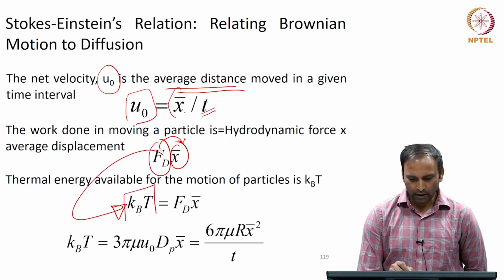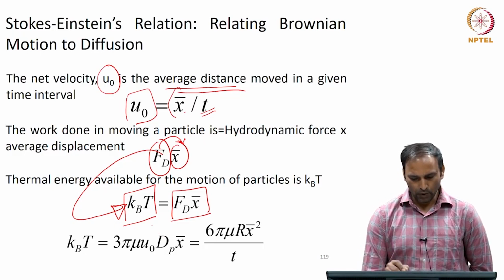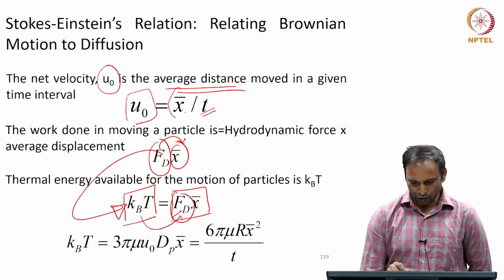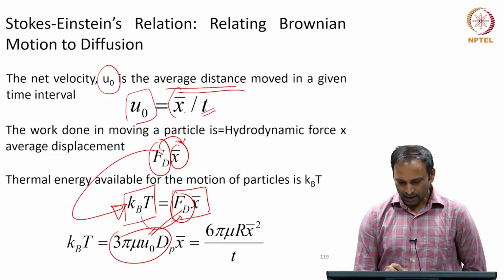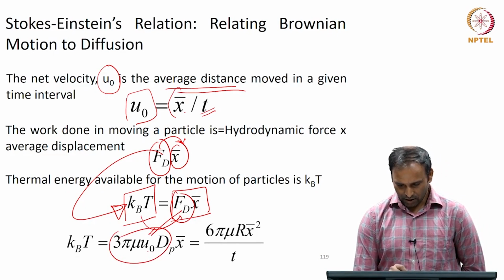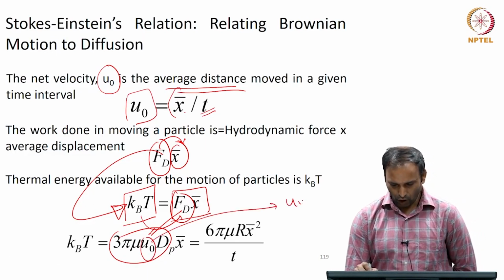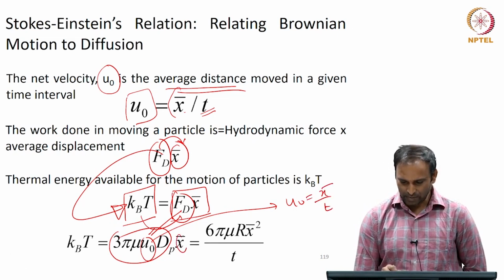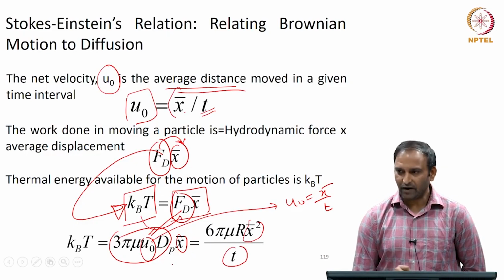It comes from the thermal energy. Therefore, equating the thermal energy to the work that is required for moving the particle, and because I know what Fd is, I can substitute for Fd from the Stokes drag. Here you have u naught, which is x bar divided by t, and you have an x bar here, therefore it becomes x bar square divided by t.